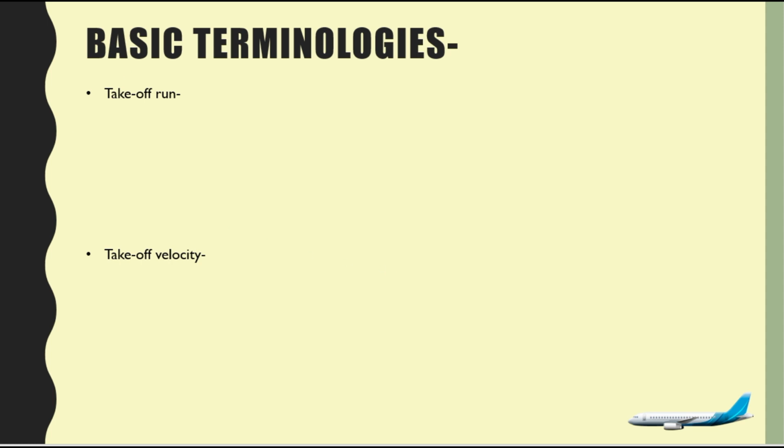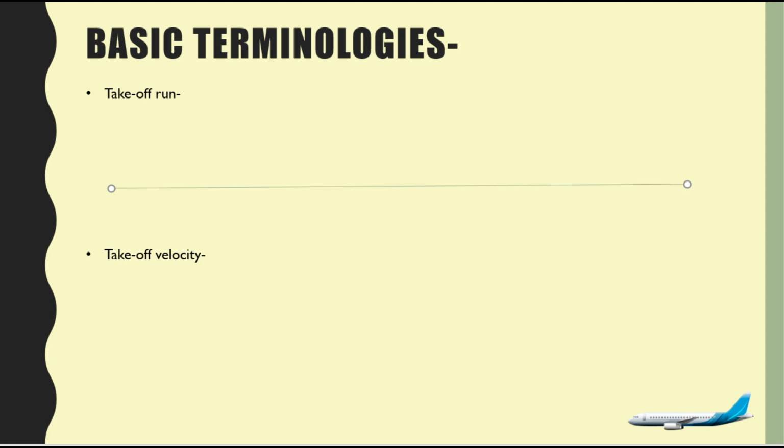Now, to understand takeoff run, I need some things over here. As the name suggests, takeoff run can be explained with this. Let's suppose we have a ground over here.